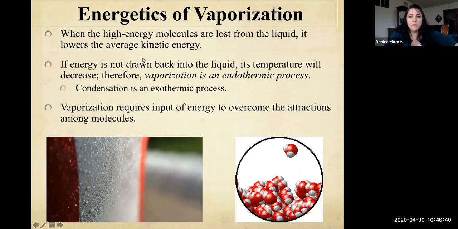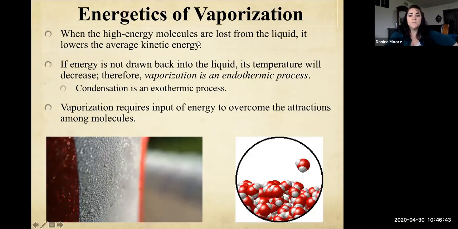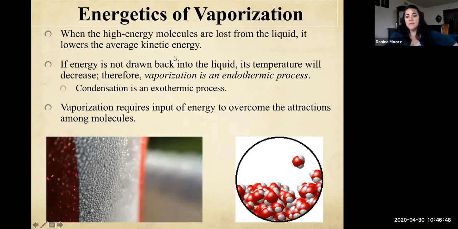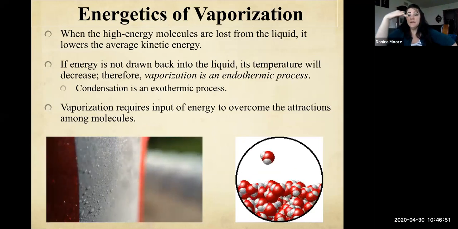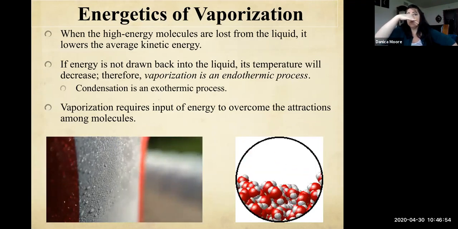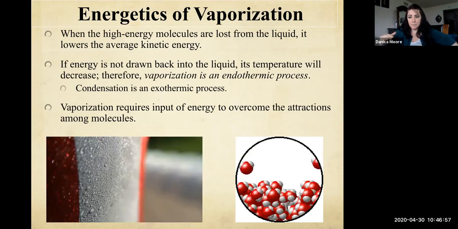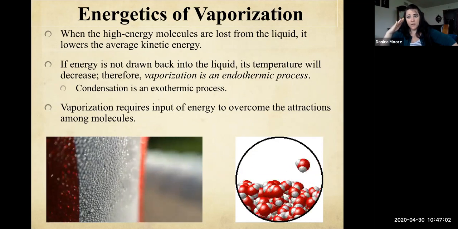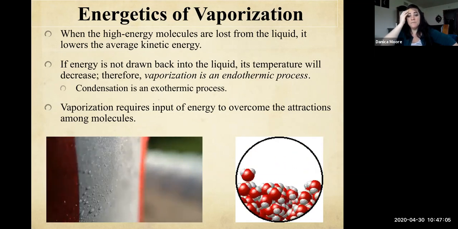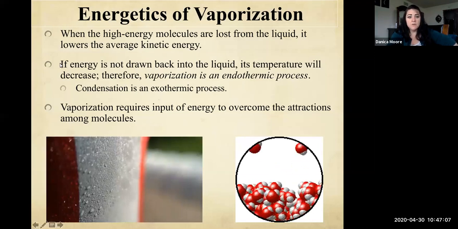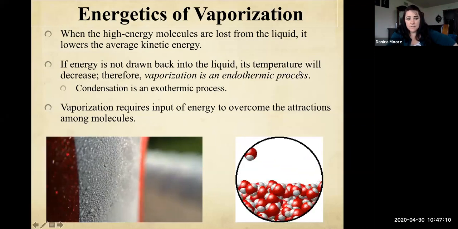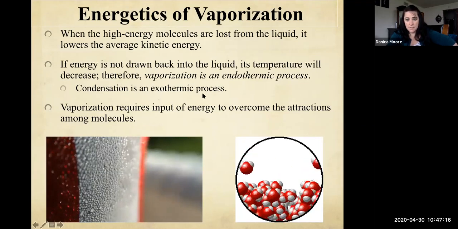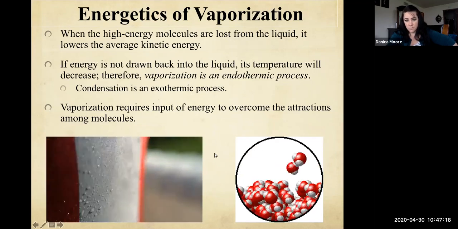So when high energy molecules are lost from a liquid, it lowers the average kinetic energy. If you're thinking about that curve where we said the molecules that have higher energy are able to escape, every time one of those molecules escapes, it actually lowers the overall energy of the molecules that are left over, right? So if energy is not drawn back into the liquid, its temperature will decrease, which is why vaporization is an endothermic process. Condensation is exothermic, right?